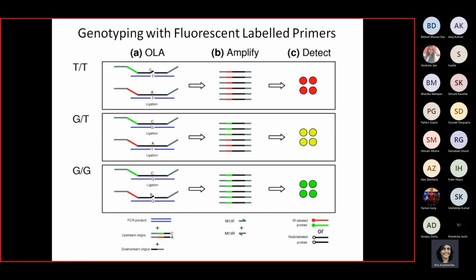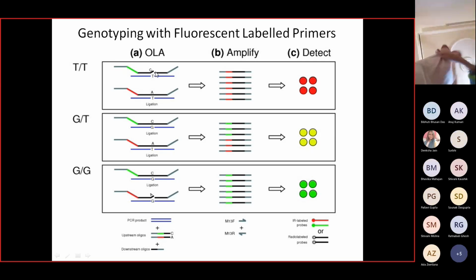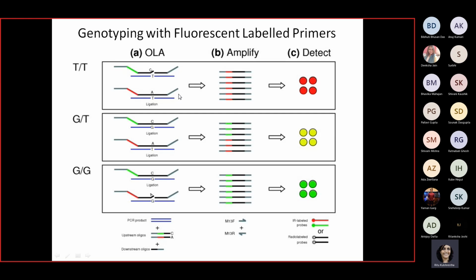If it is not ligated in between, and you perform PCR from the ends of this ligated product, then you will not get a band. However, if it is properly ligated and you perform PCR from the ends of this ligated product, then you will get a fragment of a particular size.